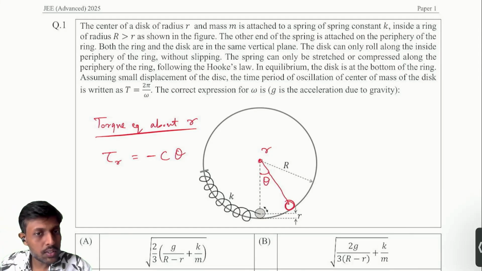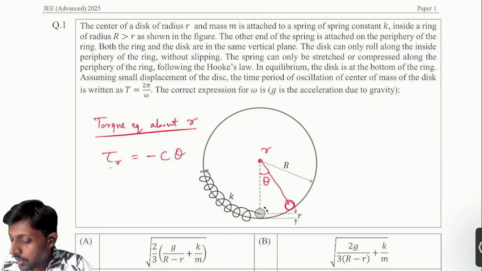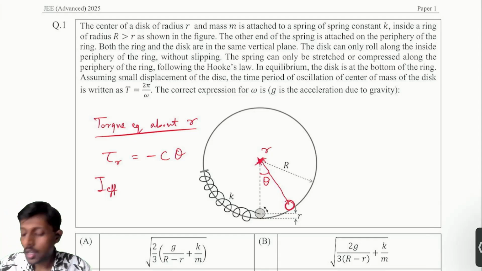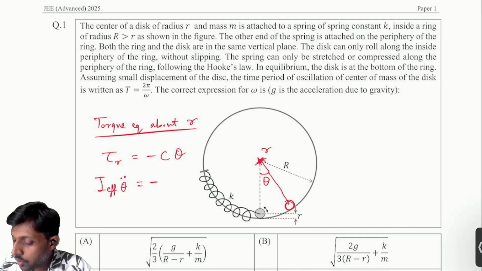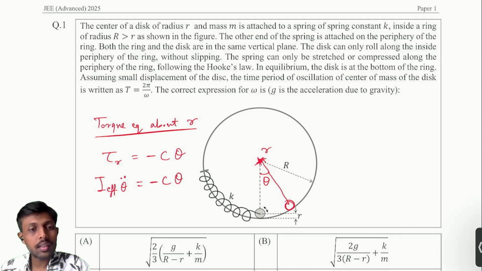Once we have this, we're going to express torque as I effective, which is I about this axis of rotation, into alpha. Alpha is going to be d square theta by dt squared, or theta double dot. I alpha is equal to minus c times theta.